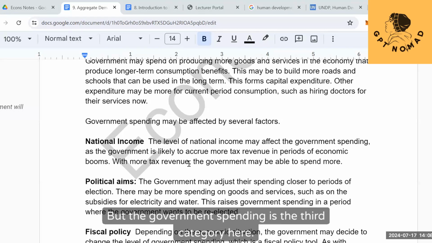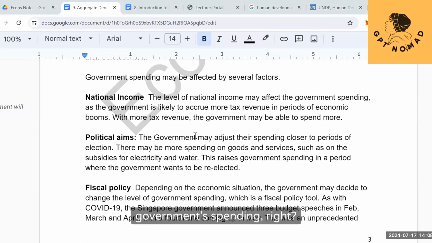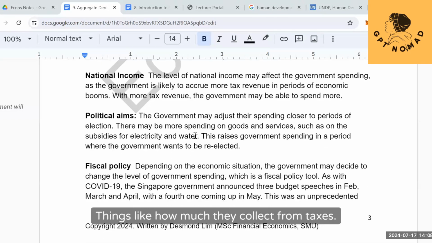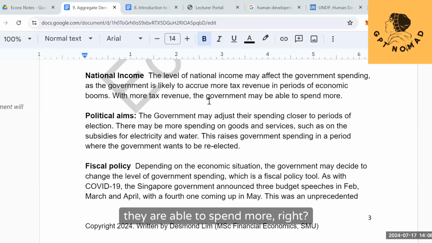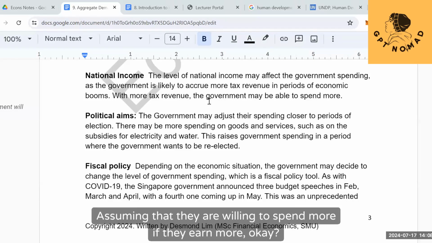But the government spending is the third category here. Okay, so what can affect the government spending, right? Things like how much they collect from taxes. So if the economy is doing well, the government is collecting more taxes, then they are able to spend more, right? That is one perspective. Okay, assuming that they are willing to spend more if they earn more.